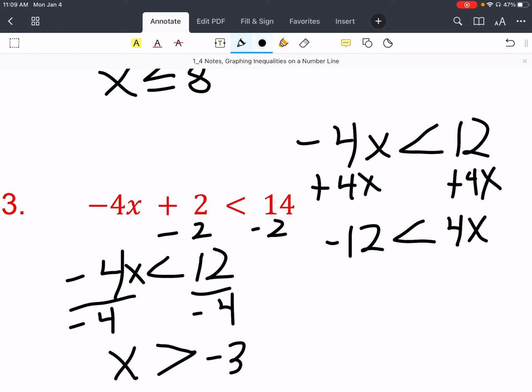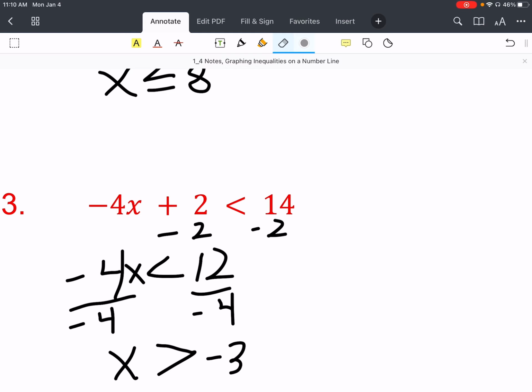And then when we divide both sides by 4, we have negative 3 is less than x. So by adding to get rid of the negative, the x switches sides. So in order to show that it switches sides, we're just going to flip the symbol around. That will save some time. Hopefully my explanation made it easier, not more complicated.